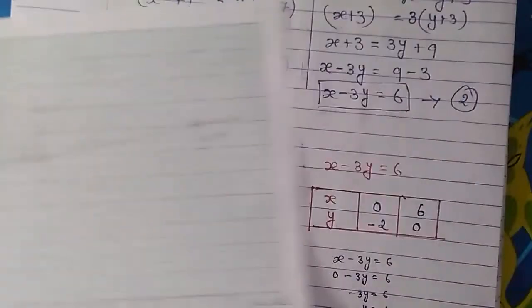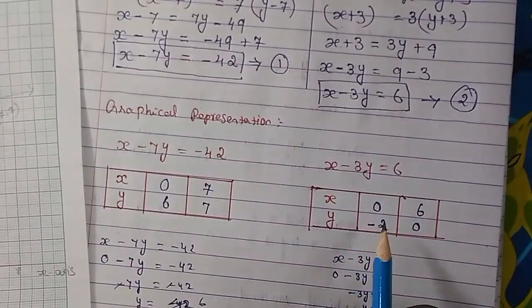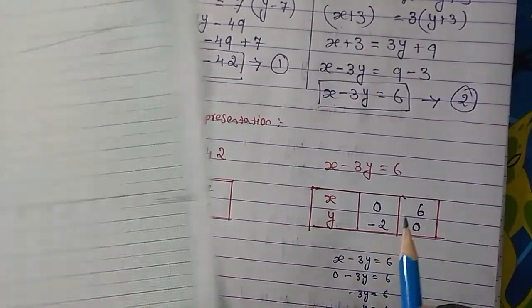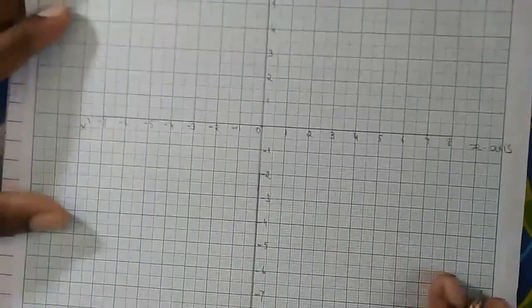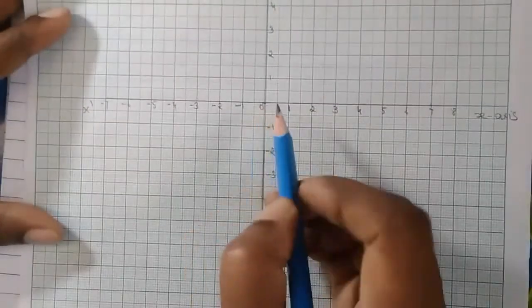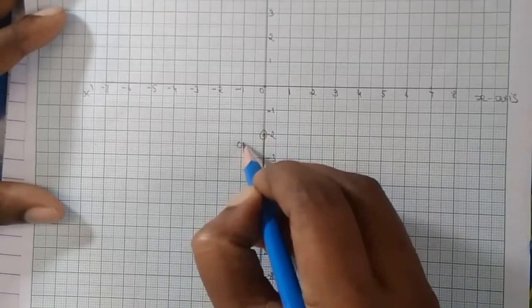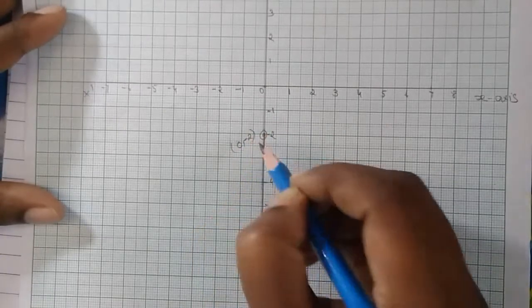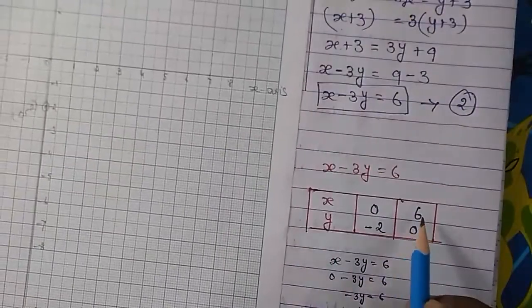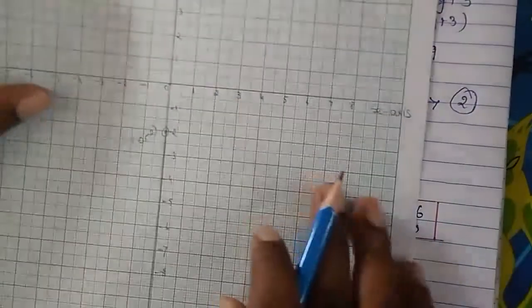So same way let us do it for this equation. So 0 comma minus 2. So 0 for x is here and for y minus 2 is here. So at this point 0 comma minus 2, and next is 6 comma 0. First always x we have to plot, 6 comma 0.